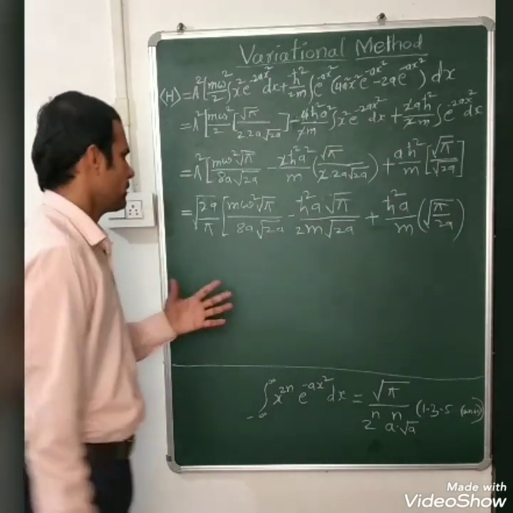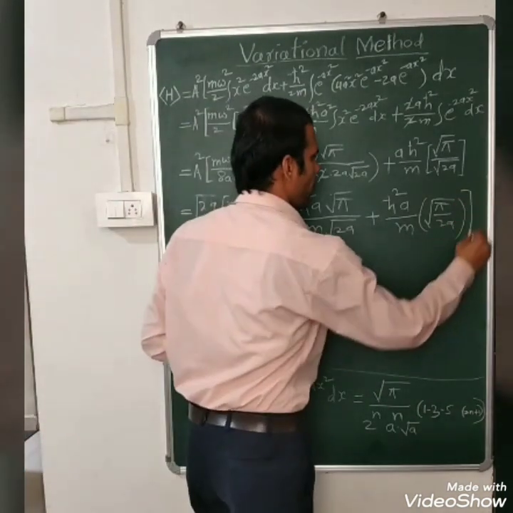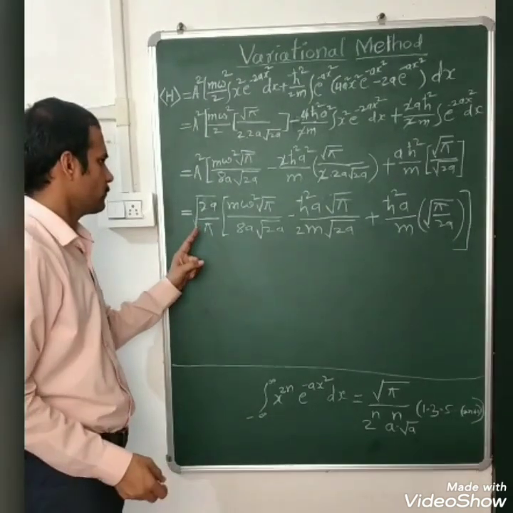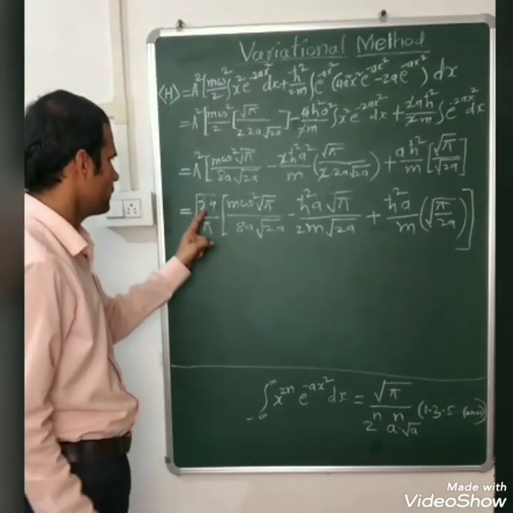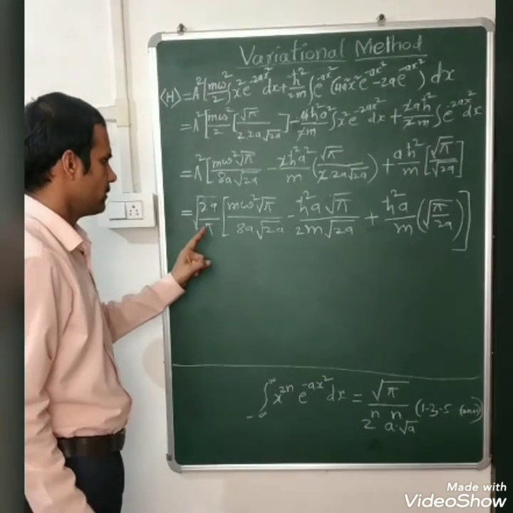Okay, now we have to multiply this by 2a by pi.